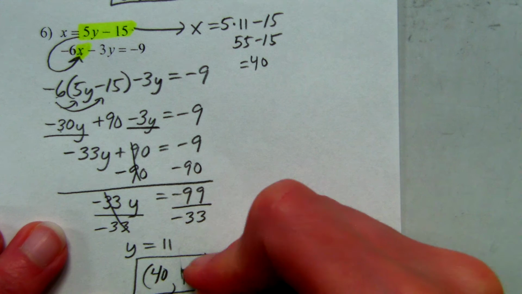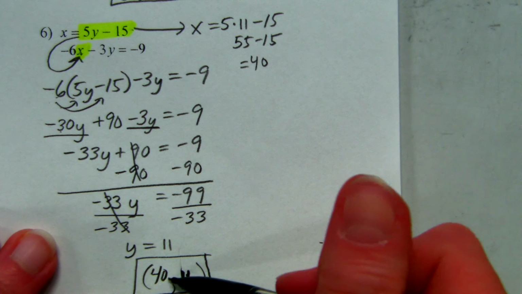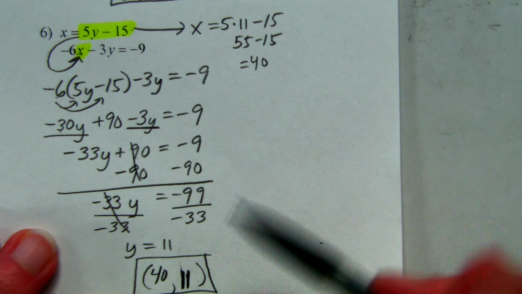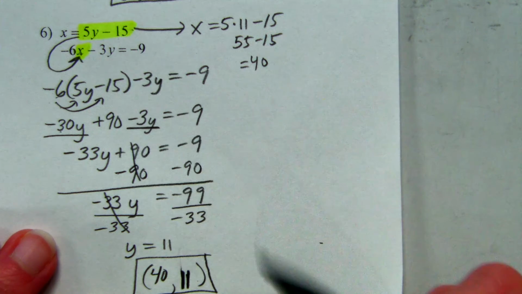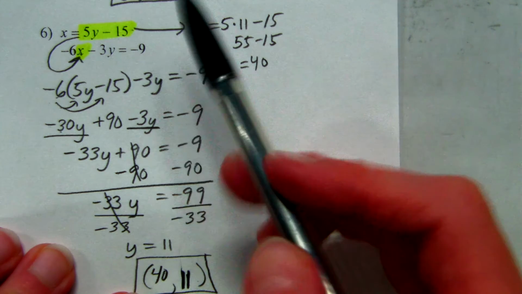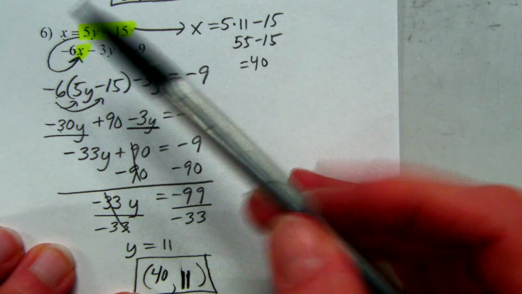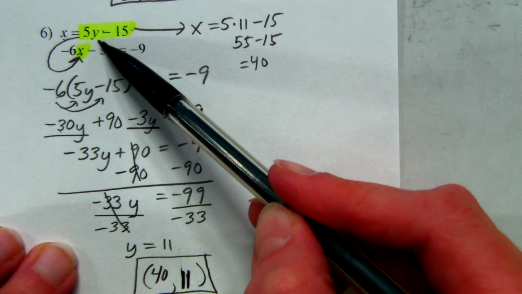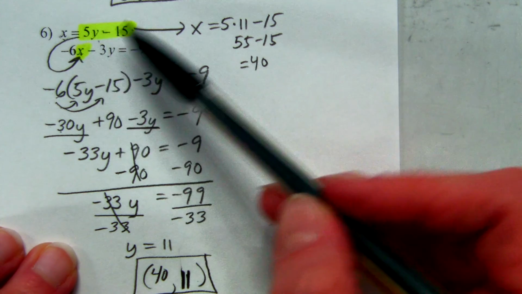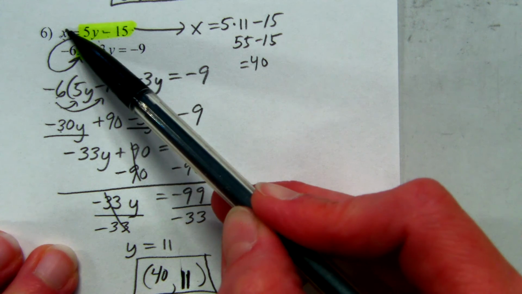So we talked about in the previous lesson that you can check these by putting these numbers in for x and y in both equations, and that is still true. If I put 40 in for x and 11 in for y, I should get the same number on both sides. When I put 11 here, 55 minus 15, I get 40. It's equal to the 40 that would be over here.